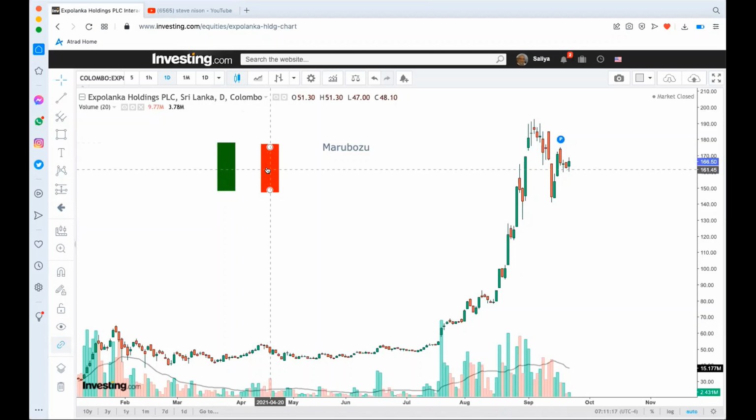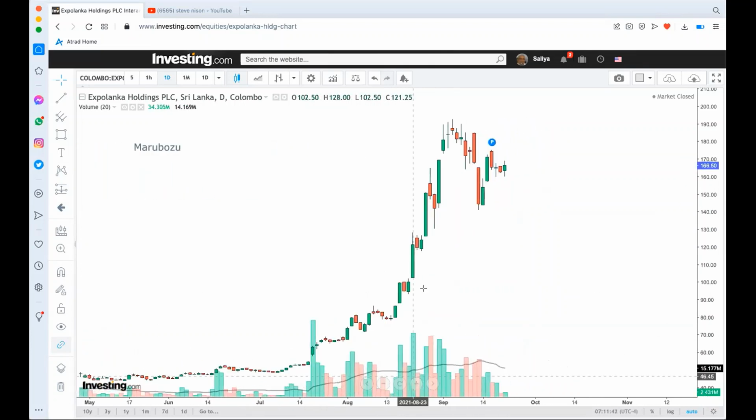Incidentally, if you want to look at a marubosu candle over here, you can see there are a few, but with a little bit of variations. Let's zoom in a little to see.